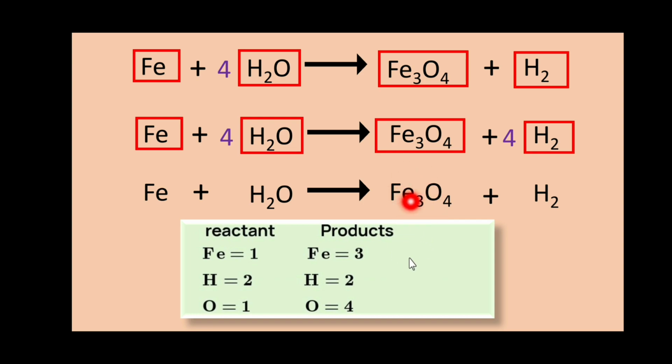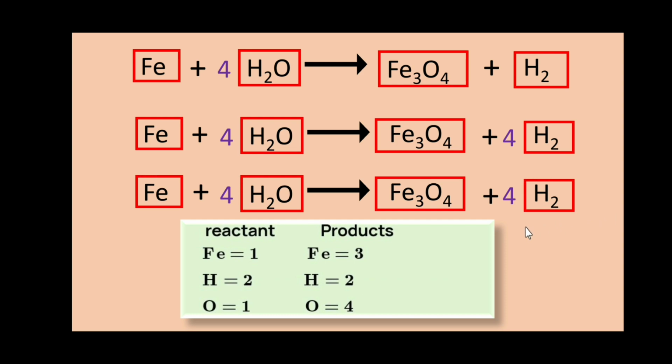To balance the iron atom, we have to insert 3 as a coefficient along with the iron atom.